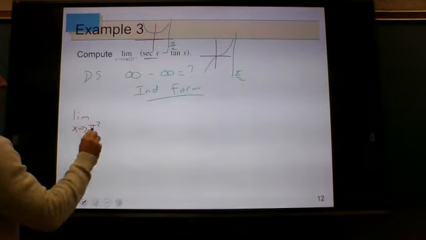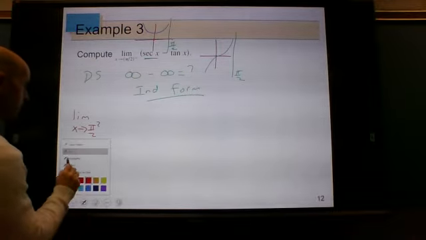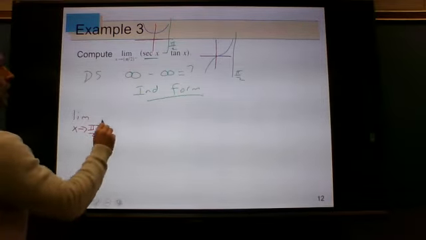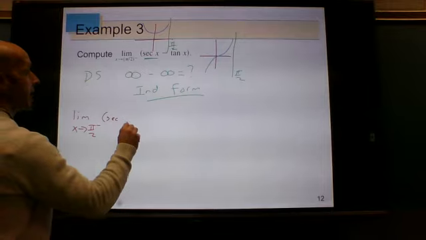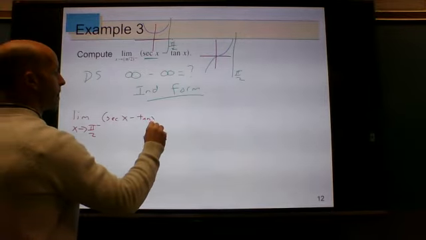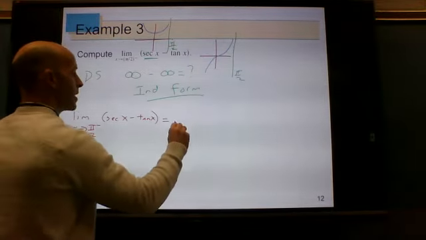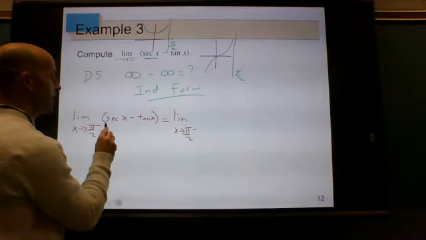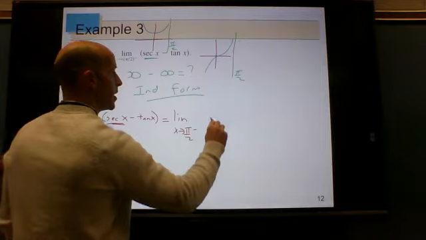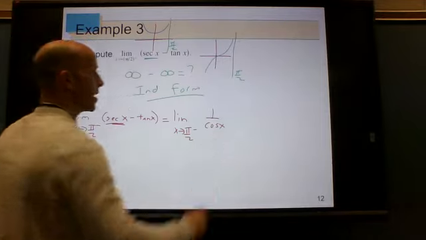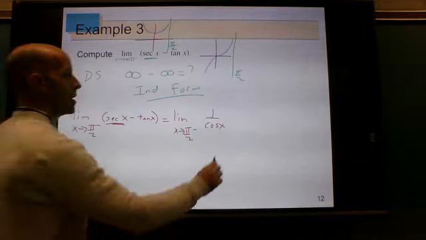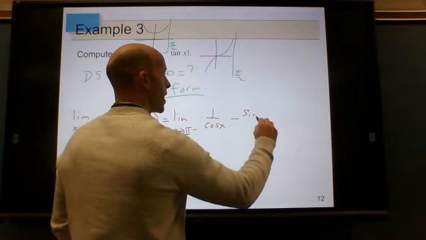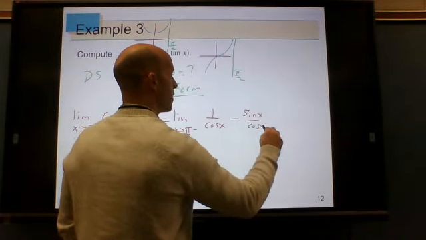The limit as x goes to pi over 2 negative of secant x minus tangent x could be thought of as the limit as x goes to pi over 2 negative of, I can change secant x as 1 over the cosine of x, minus, and then of course I could change tangent to sine x over cosine x.